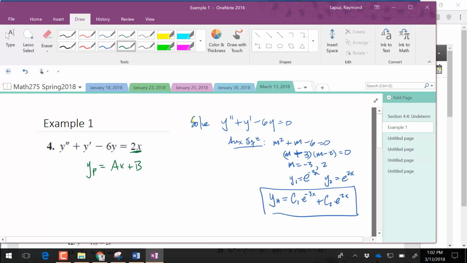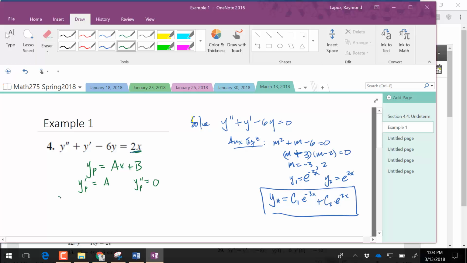And now the idea is that you're going to put this into the differential equation, so we need a couple of derivatives. y sub p prime is equal to a, and then y sub p double prime is equal to 0, if I took the derivatives correctly. And then we plug that into our differential equation to see if we can solve for a and b.